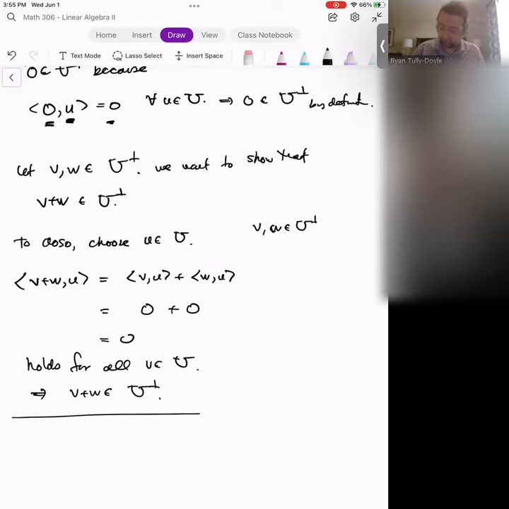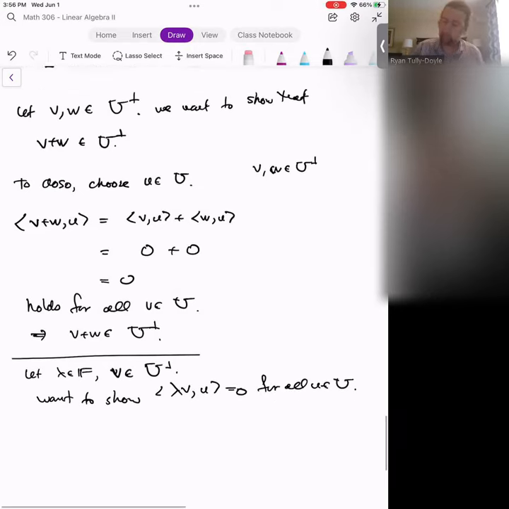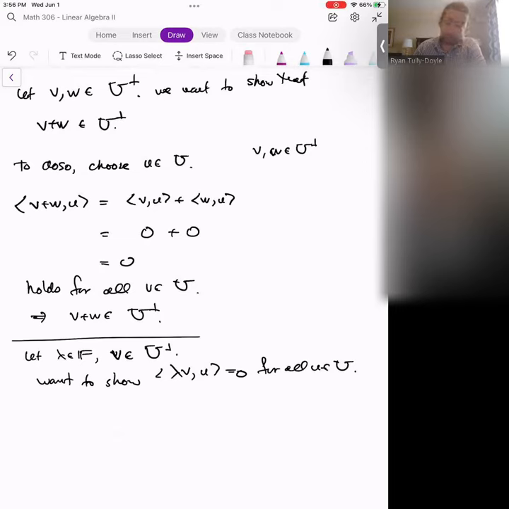Likewise, if we let lambda be in F, and let V be an element of U perp, what we want to show is that the inner product of lambda V with u is equal to 0 for all u in U. So we just do it.